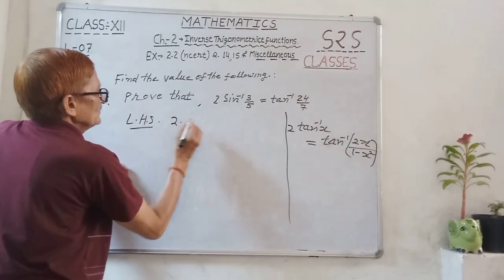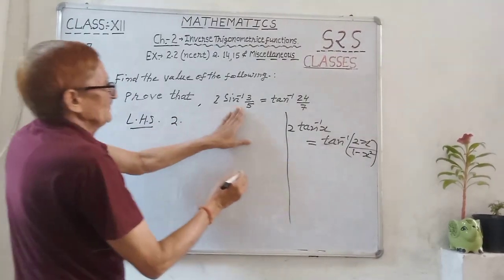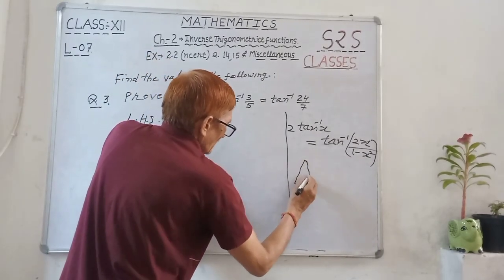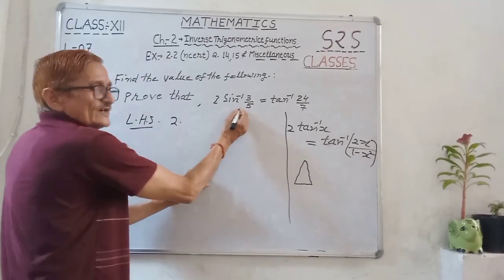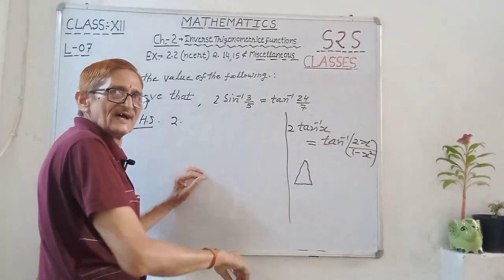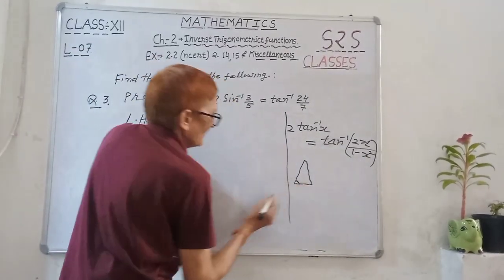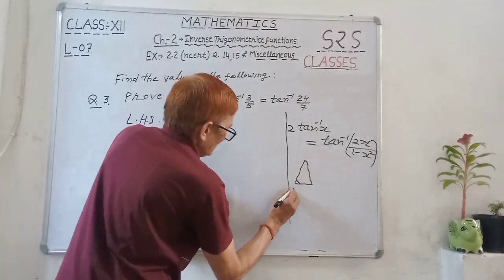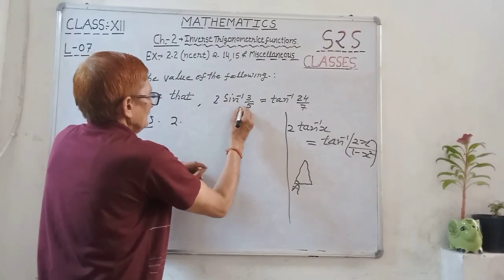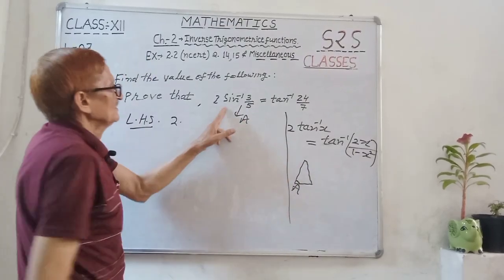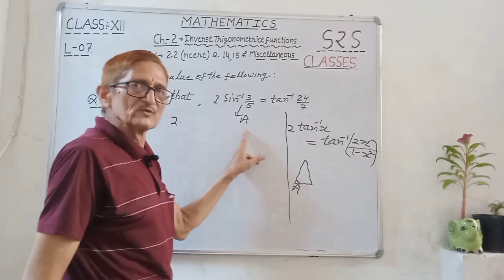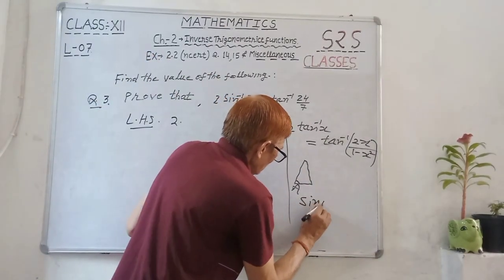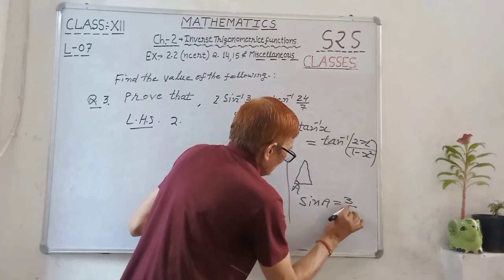The other is to convert 2 into sin inverse 3 by 5 by a table. I told you how we can convert any inverse trigonometric function into any other by making a right triangle. Let sin inverse 3 upon 5 be equal to a. Then sin a is 3 upon 5.